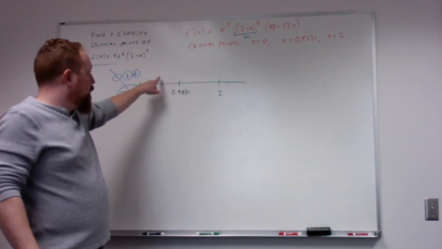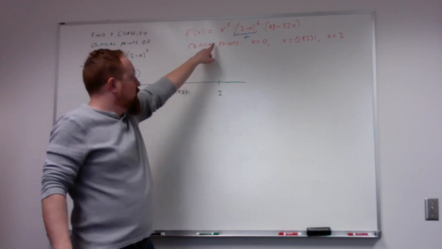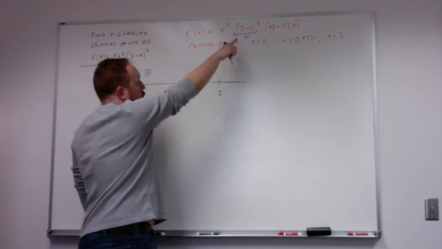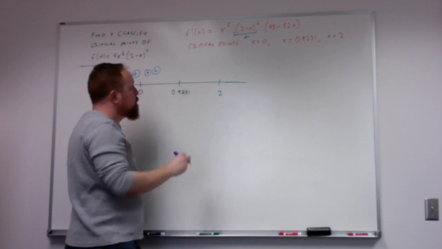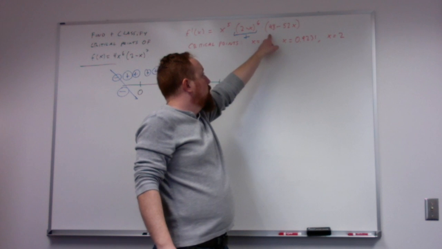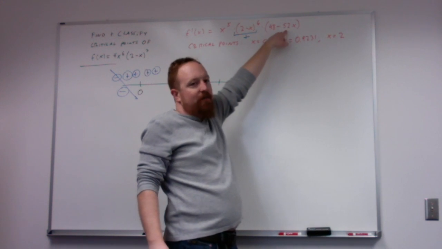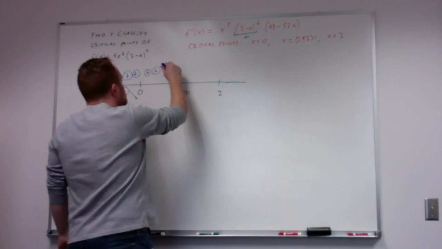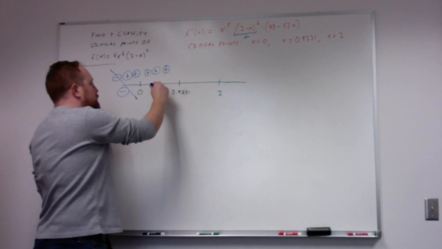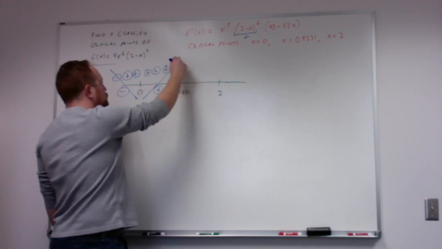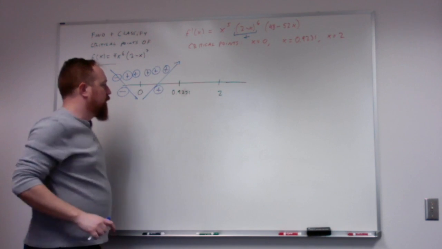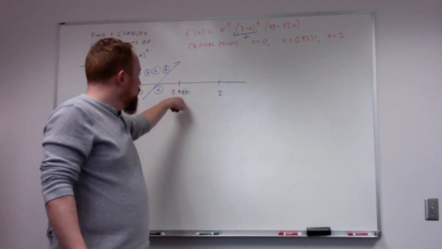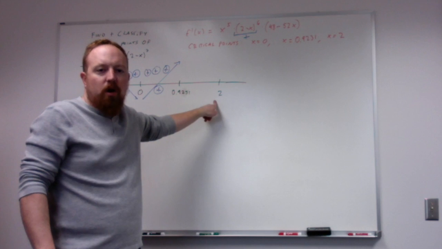Now let's take something in this interval. So now I have a positive number to the 5th power, which will be positive. The middle part is always positive as we decided earlier. And now I have maybe a half here. So 48 minus half of 52 is certainly going to be positive as well. So positive is positive overall. So the function is increasing between 0 and the second critical point. Now let's take something between this one and 2, like maybe 1.5.